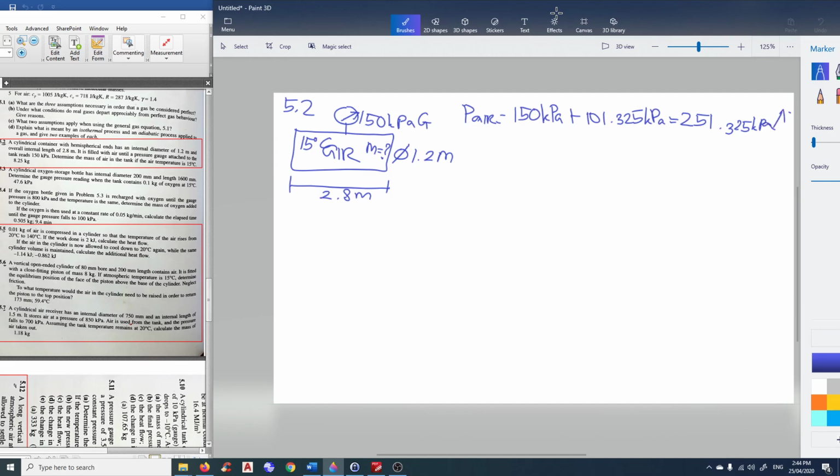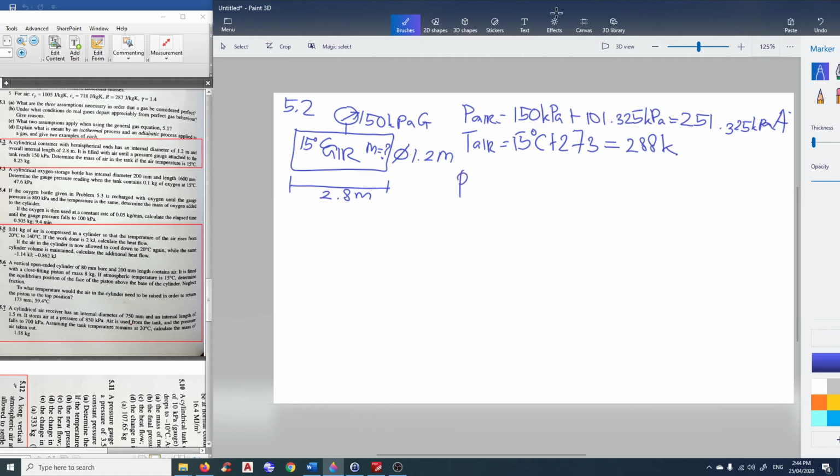But now it's absolute. The temperature of the air is 15 degrees C plus 273, so you get 288 Kelvin.